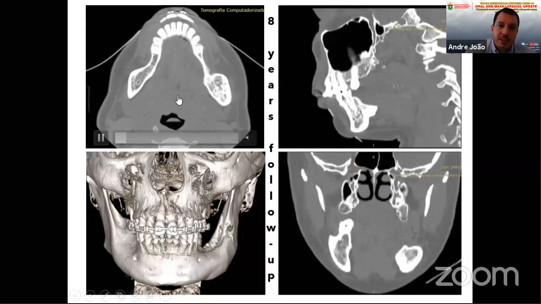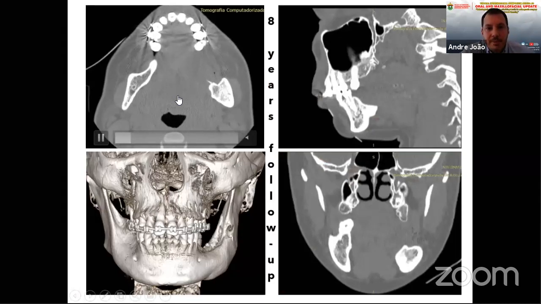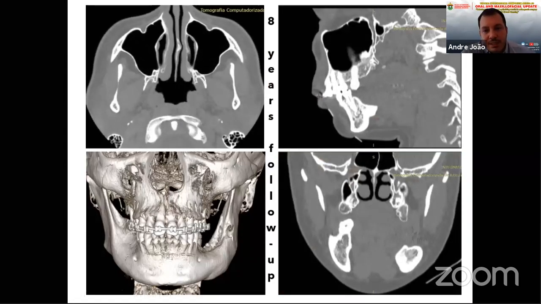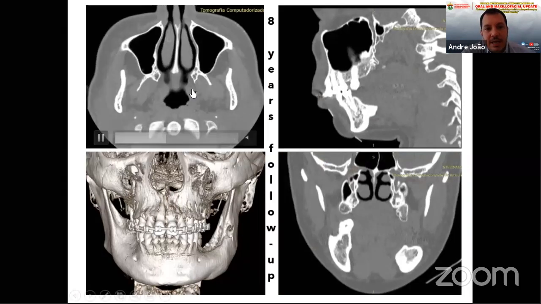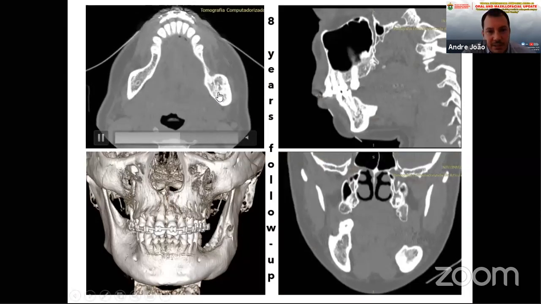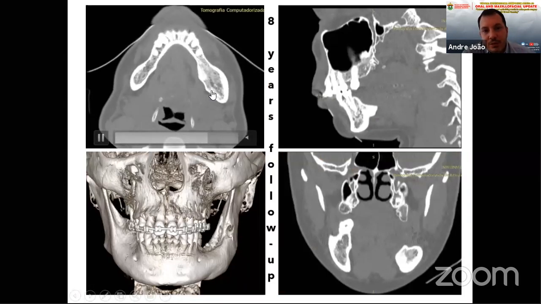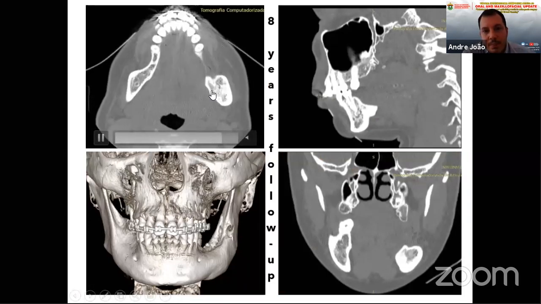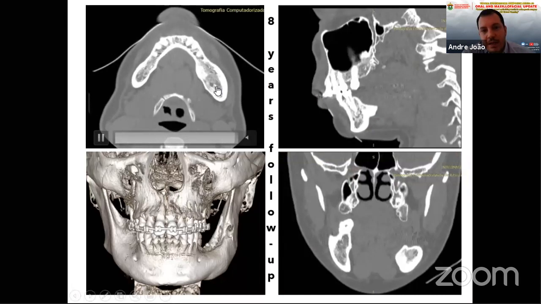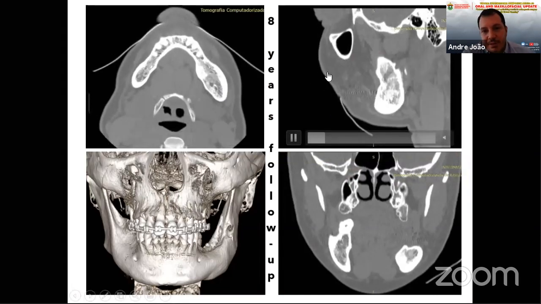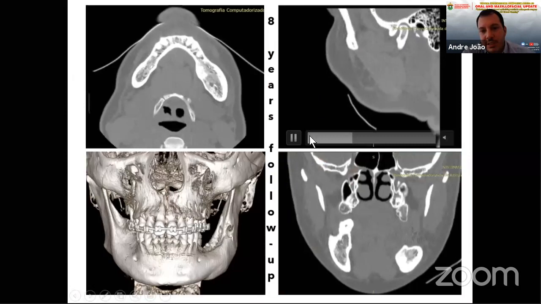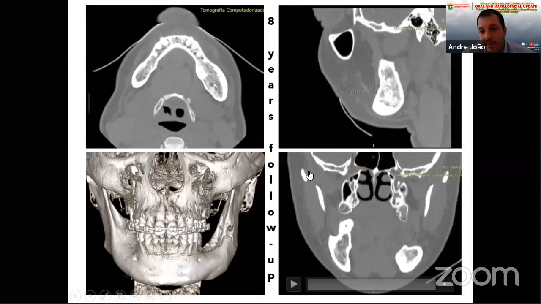And here you can see a CT scan, and you can look at the bone. It doesn't look like normal bone. It's a little bit strange. But what we cannot see here anymore is tumor. This CT scan was taken 8 years after follow-up.